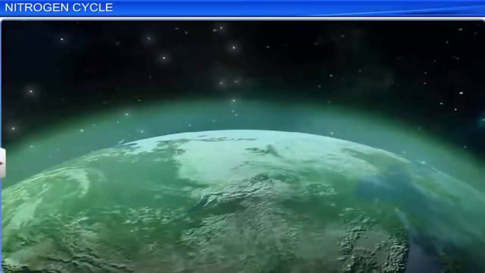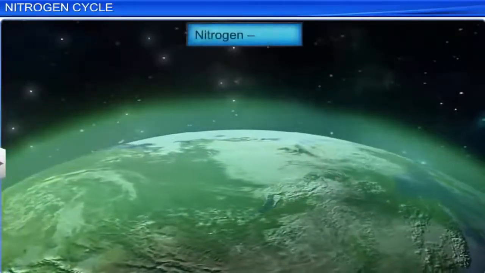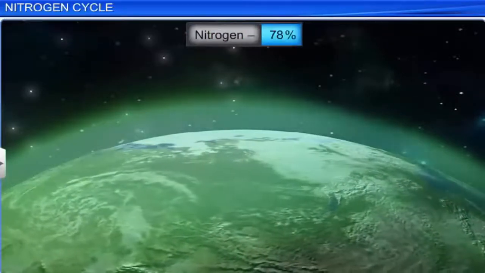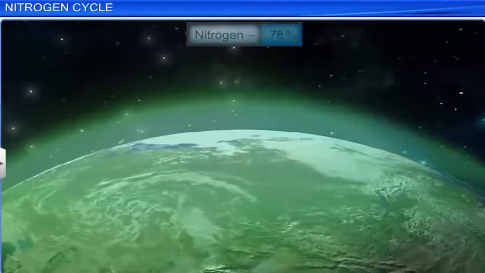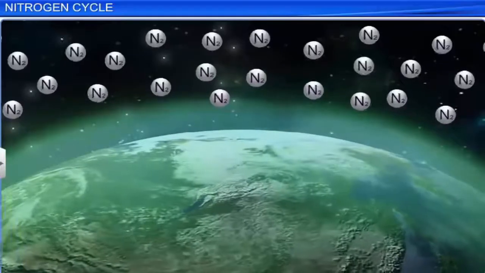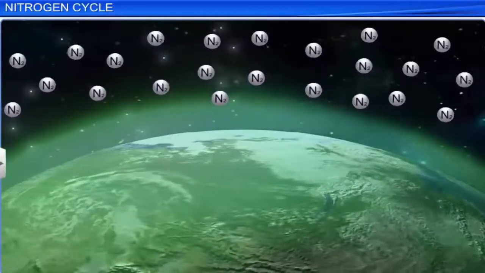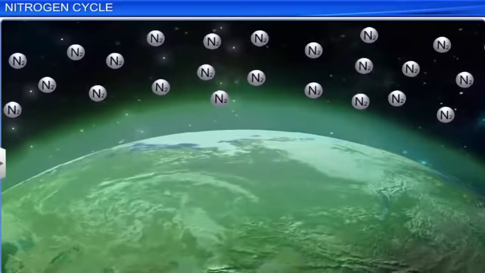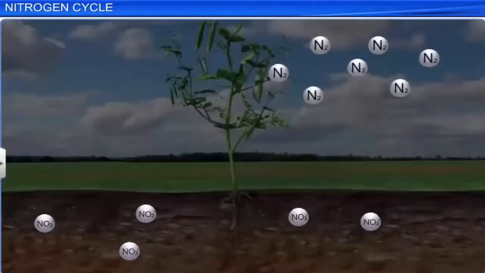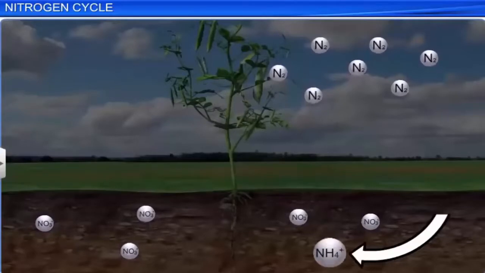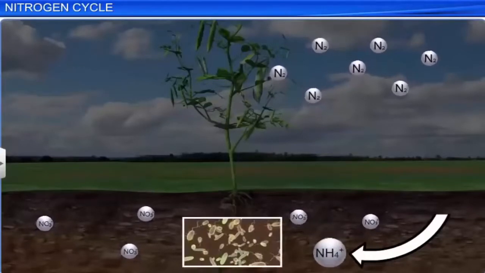It is one of the major constituents in the atmosphere and comprises 78% of all gases by volume. However, atmospheric nitrogen cannot be used by plants. Only a small amount of nitrogen is present in soil, and plants compete with microorganisms for it.